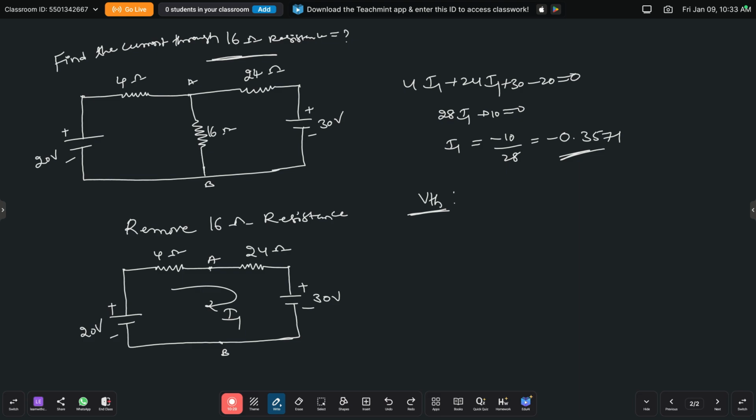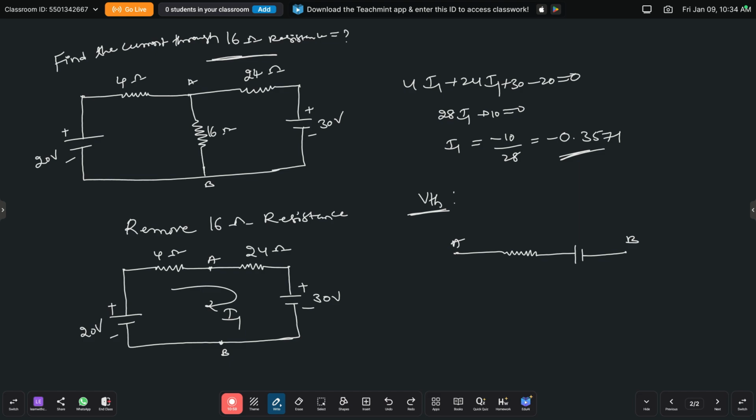That is, we need to find the Thevenin's voltage from point A to B. For that, you just redraw the circuit from point A to point B, only from point A to point B in any direction. So this is point A, and next the 4 ohm resistance, again the 20 volts voltage source, and this is point B.